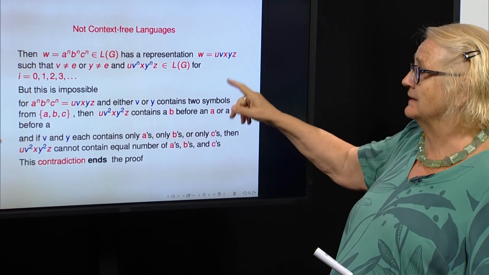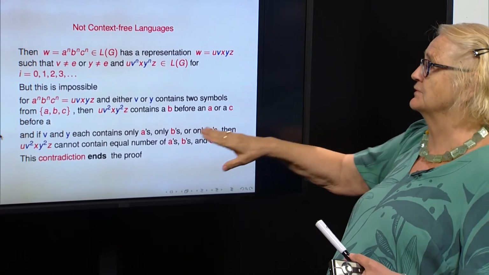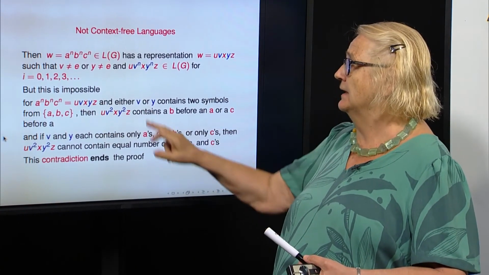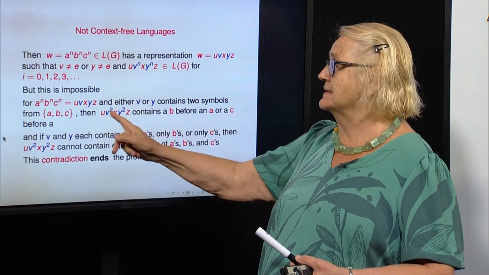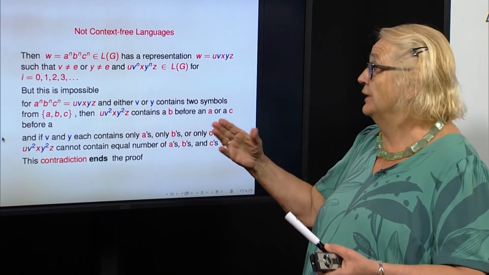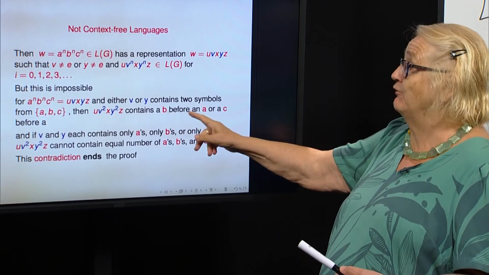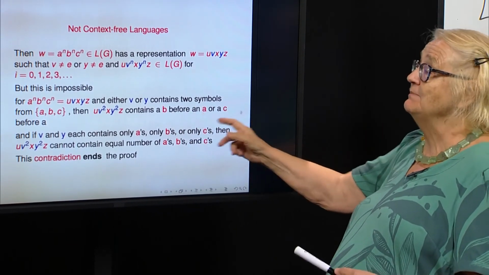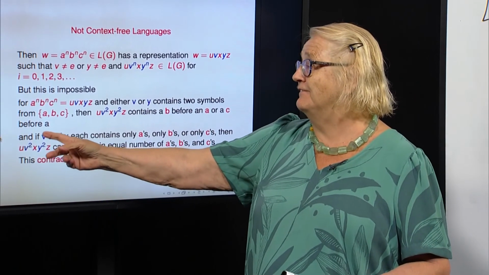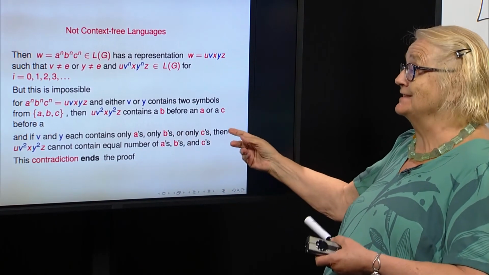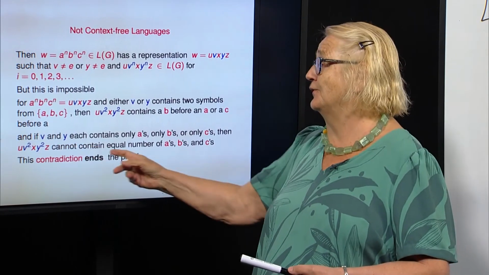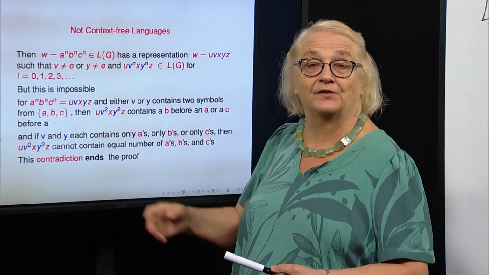If it contains two symbols from a, b, c, when you pump, you get a b before an a or a c before an a. And if v and y each contain only a's, only b's, or only c's, then the result cannot contain an equal number of a's, b's and c's.